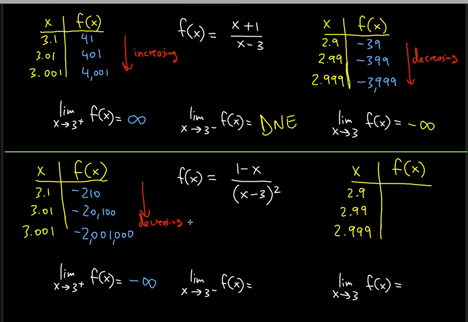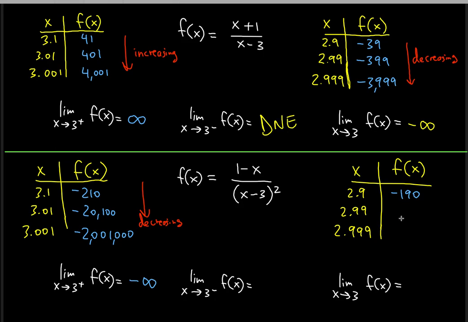1 minus 2.9 divided by 2.9 minus 3 being squared. I'm getting negative 190. So this already looks promising. It might be that both the right-sided and left-sided limits tend to infinity, in which case the limit would be not DNE, but it would be whatever result we get.